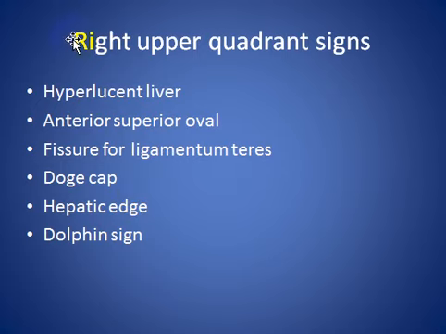Right upper quadrant signs: we have hyperlucent liver, anterior superior oval sign, the ligamentum teres sign, dog gap sign, hepatic edge sign, and dolphin sign.